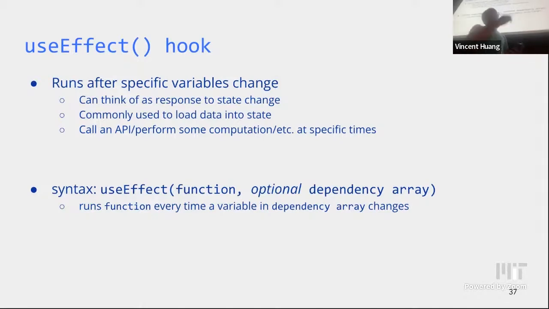Loading data through an API call, for example, could take a while, so you put the code to load that data in a useEffect hook, and you only run that once. Other examples are other computations or APIs that you only want to run at specific times; you put them in the useEffect hook. It takes the first parameter, a function you pass in, and runs it only after any of the variables in the array change. That might be a bit confusing, so we'll go over some examples of what that looks like.